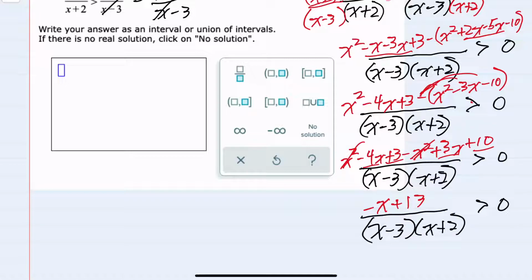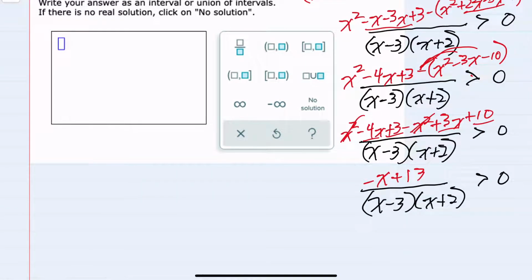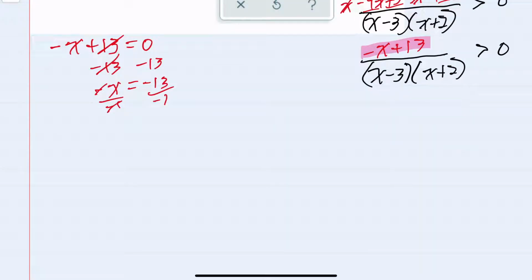From here, I would want to check to see if anything cancels with the denominator. And since nothing does, I have 3 factors here that I want to find where they equal 0. The first, in the numerator, negative x plus 13 equals 0. To solve for x, we can subtract the 13 over to have negative x equals negative 13, solving for x by dividing both sides by negative 1, I have x is equal to 13.